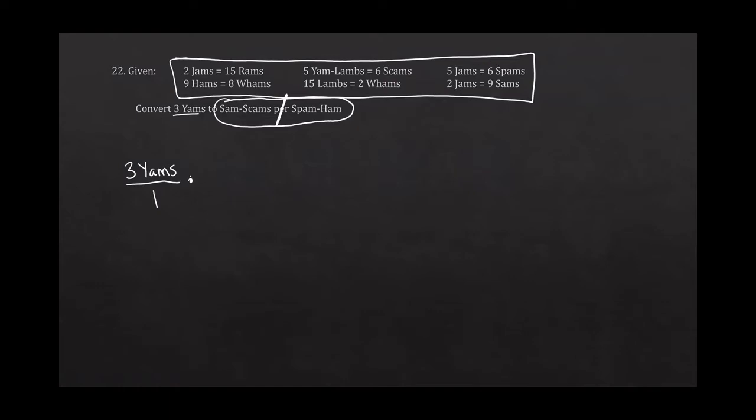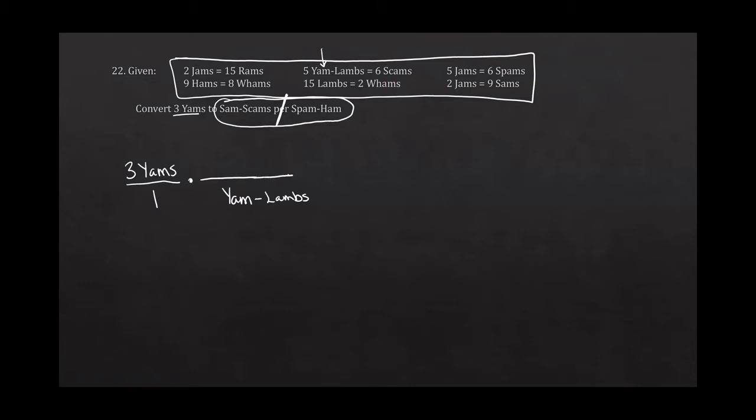Now let's look through the conversions we're given, and we're trying to find this yam, right? We'd like to get rid of some yam. Yam only shows up one place, and it actually is with yam lambs. That's okay. We just have to remember that we can't necessarily get rid of both of those. We can only get rid of the yam part.